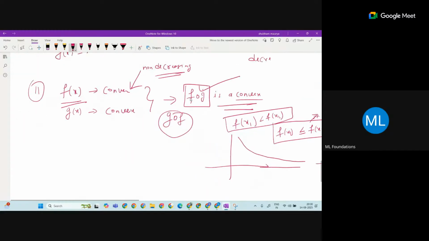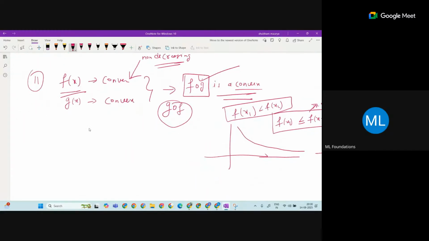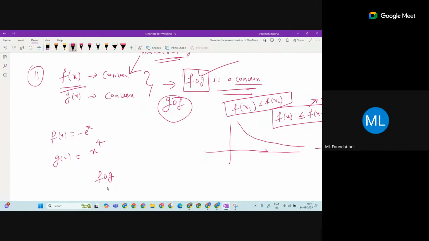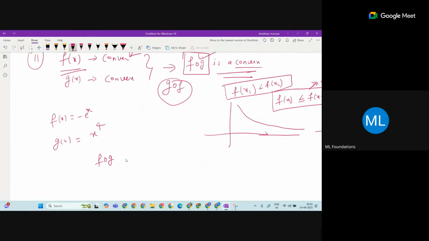If you want to see an example, let me create a function simply. Let's say f(x) is equal to minus e to the power x, and g(x) is equal to, let's say, x to the power 4. See how dangerous the composition would look.